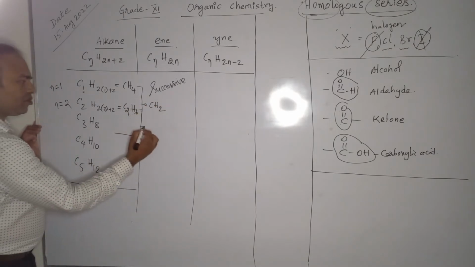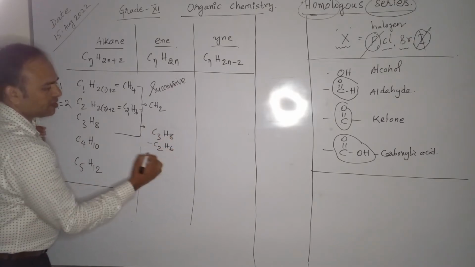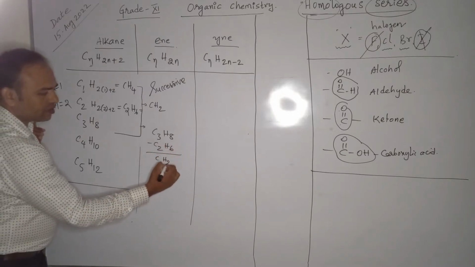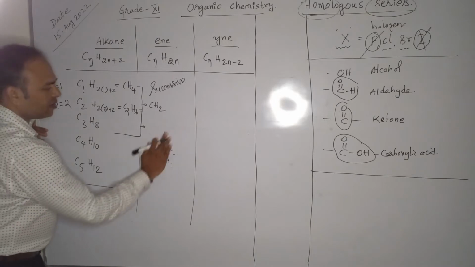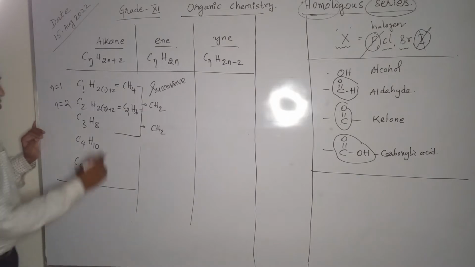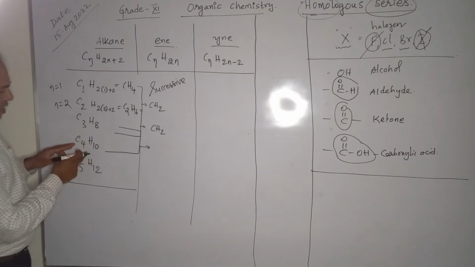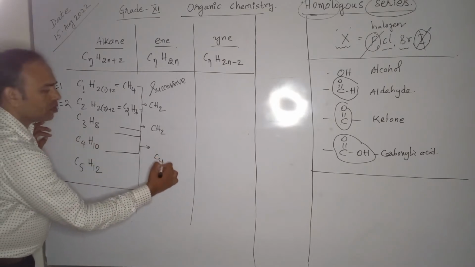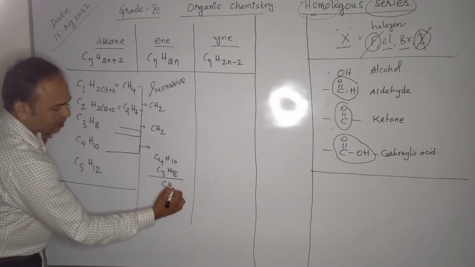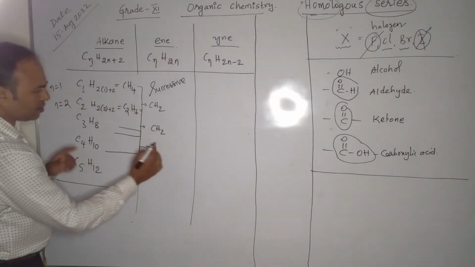Between these two, C3H8 minus C2H6. 3 minus 2, 1. 8 minus 6 again 2. Again, the difference between the successive members is the CH2 methylene group. Now come to these two. If you subtract, you can easily identify that once again you will get CH2, nothing but a methylene group.